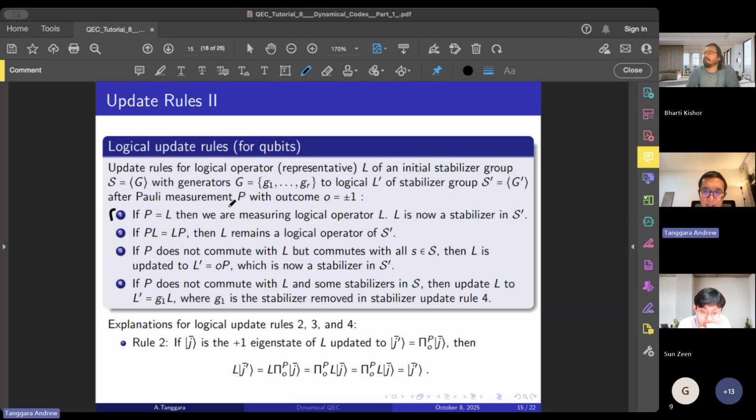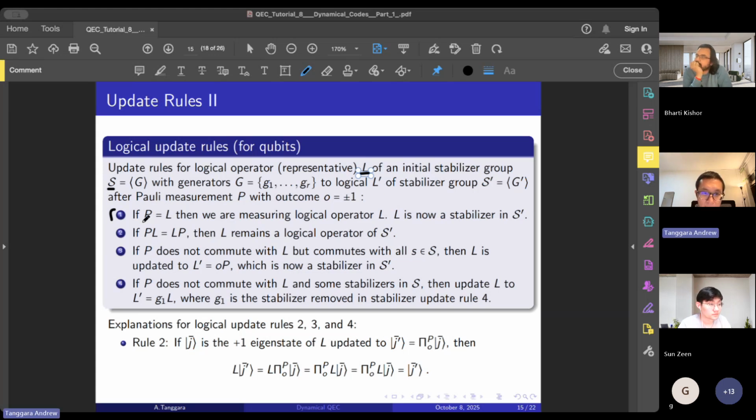So this first bit is where you do logical measurement. L is the logical operator of the initial stabilizer group S with this generator. I want to update that to some L prime.